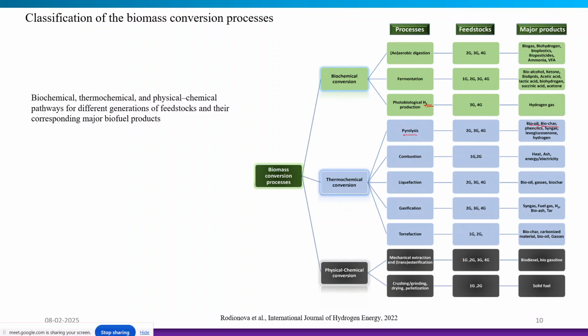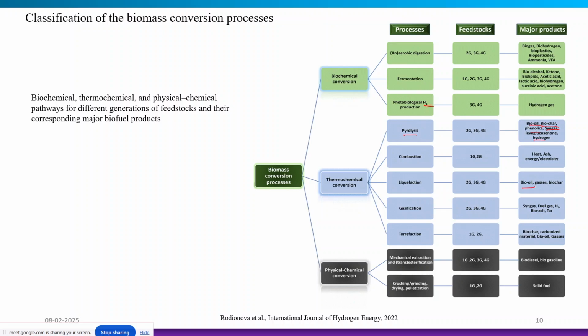Gaseous product production is very low for the pyrolysis process. So we mostly get bio oil and biochar. Otherwise we get a little amount of syngas, hydrogen, and phenolics. Different phenolics are produced. In the combustion process, we mainly get heat, ash, and energy or electricity as the outcome.